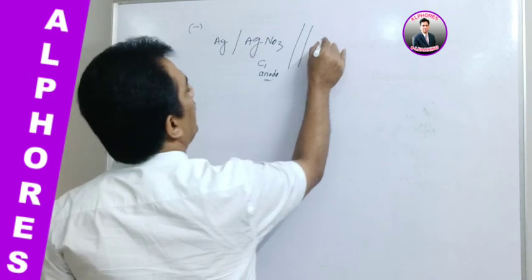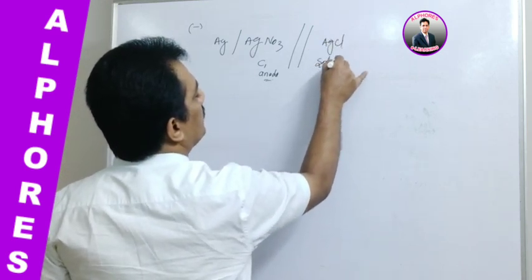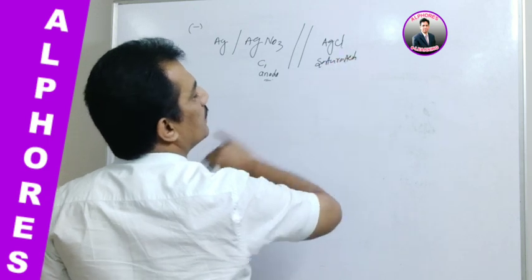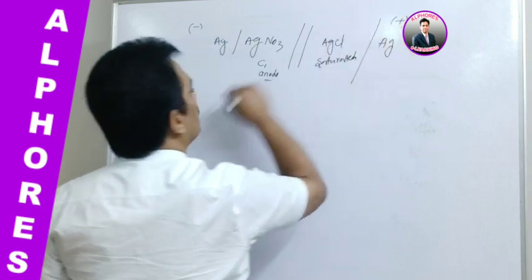And the other one is AgCl saturated, Ag. This is the cathode.